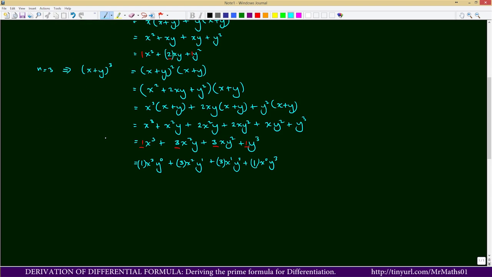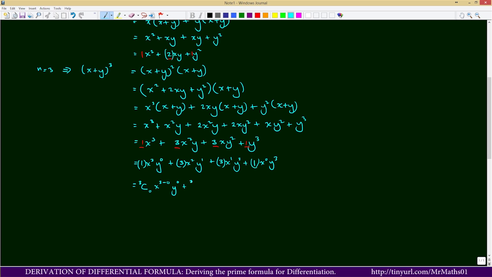I want to put that in a different representation. The coefficient, I'm going to put with variable c. Okay, c for coefficient, and I will put 3 here and 0. I'll explain the reason why I do that later. And then x to the power of 3, and I'm going to put that as 3 minus 0. The next term is y to the power of 0, plus the second coefficient.